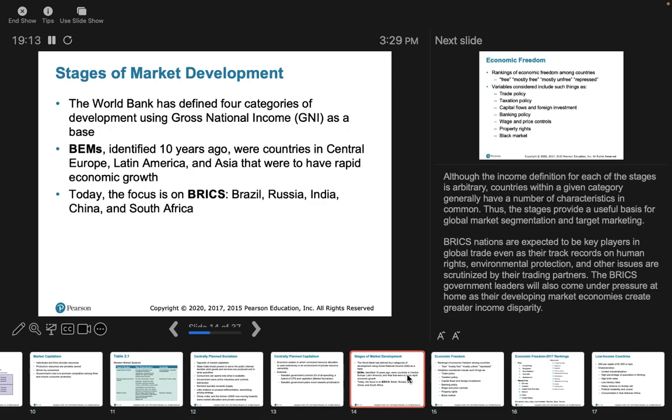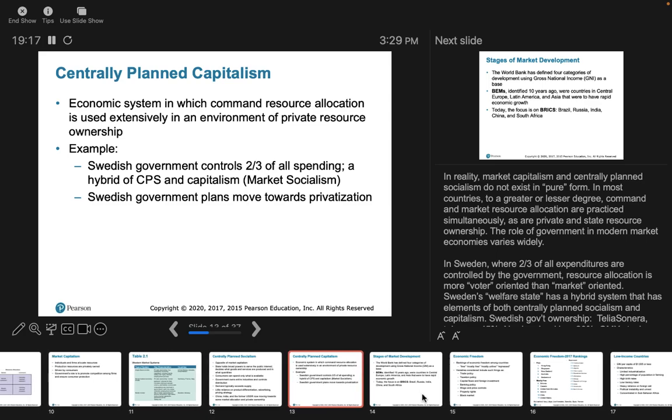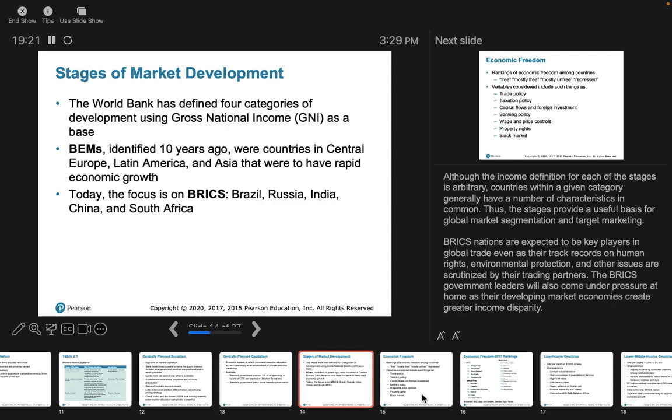Then let's see this slide. Okay, we're going to look at stages of market development. For the BERMs, these were identified 10 years ago. These are countries in Central Europe, Latin America, and Asia that were to have rapid economic growth. This is one group.